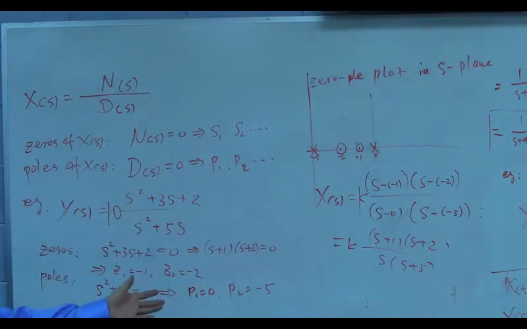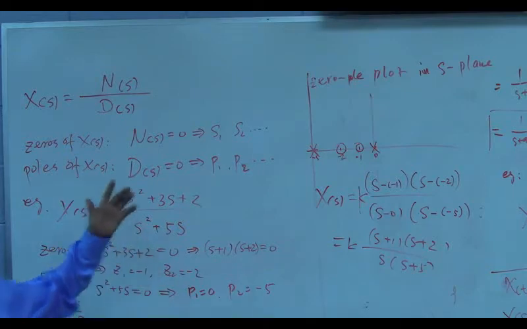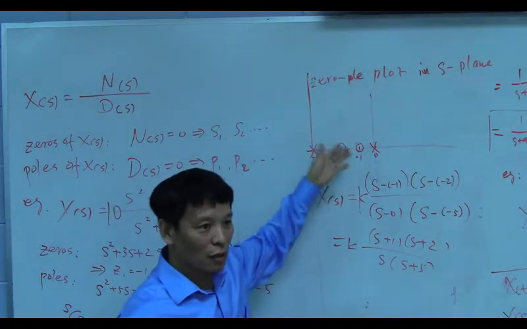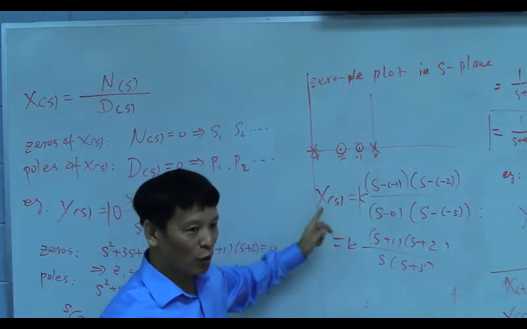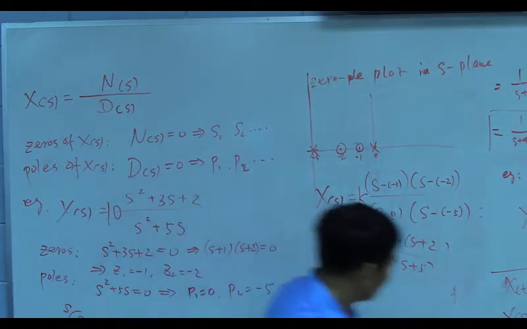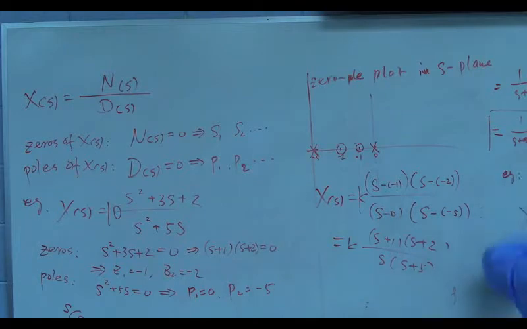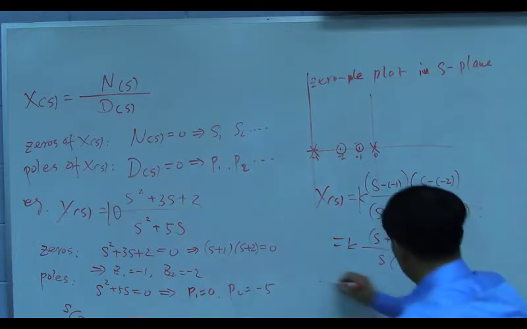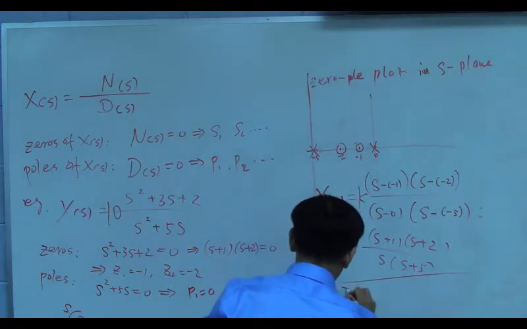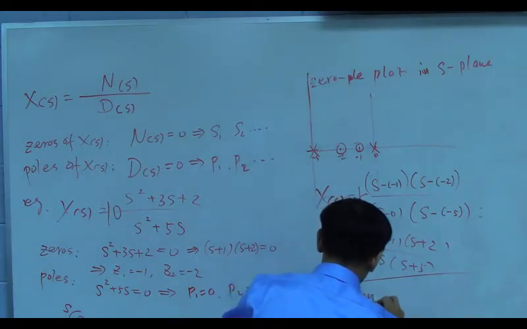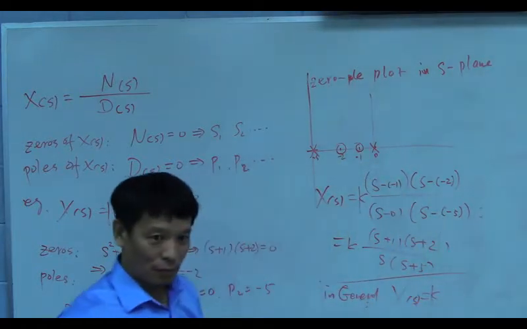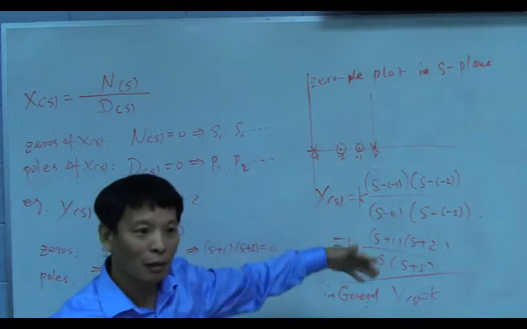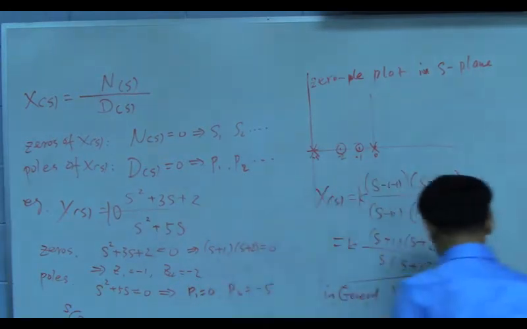Any question on this? Okay, so in general, if I give you a zero-pole plot, what is the general form of the Laplace transform? In general, the Laplace transform will have a constant here. I don't know, this one is not reflected here.